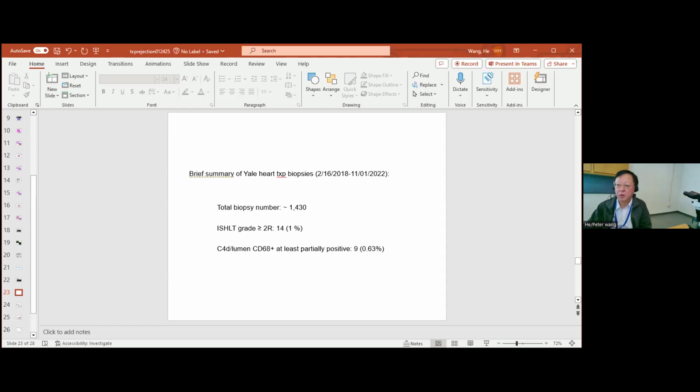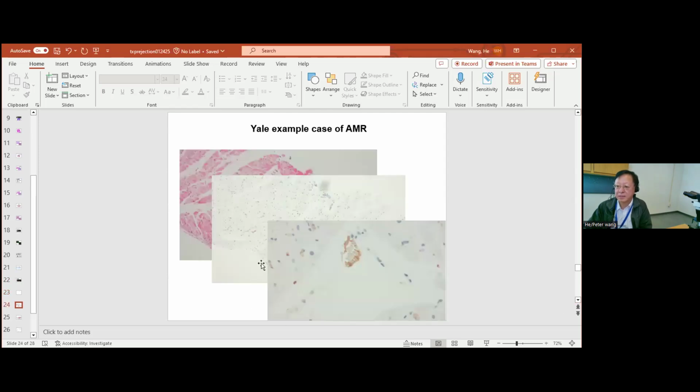From 2018 to 2025, at Yale we have about 1,500 cardiac biopsies. Among them, 1% are more than 2R, and 0.1% are positive for antibody-mediated rejection, and this is what we see.